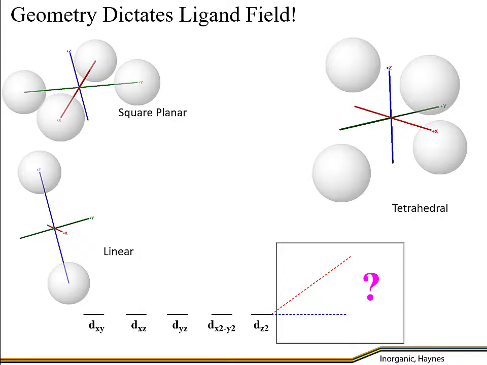So what we're going to be looking at in our next class and through our next set of problem sets is deriving the ligand field diagram, or the ligand splitting diagram, for these different geometries, specifically a linear complex, a square planar complex, and a tetrahedral complex.